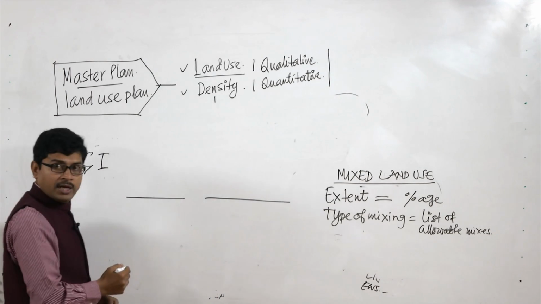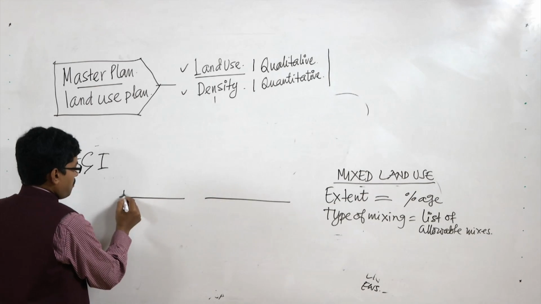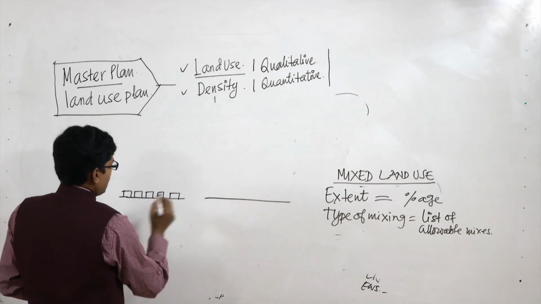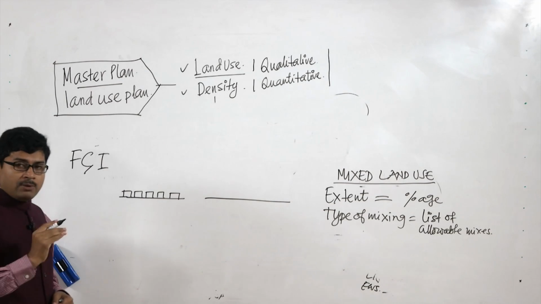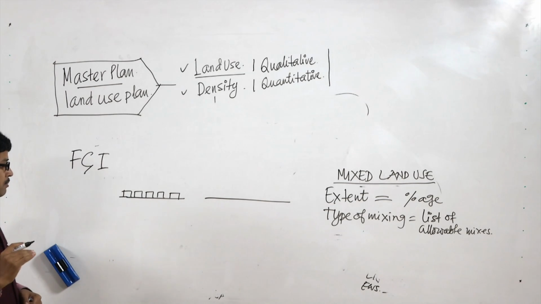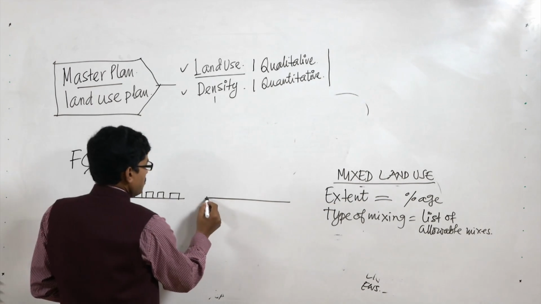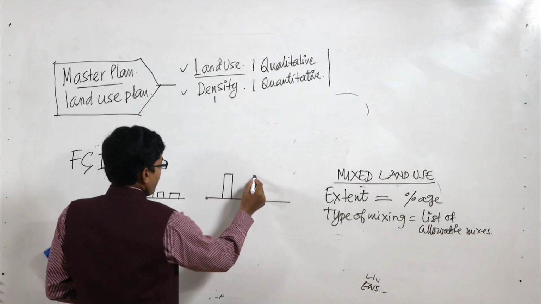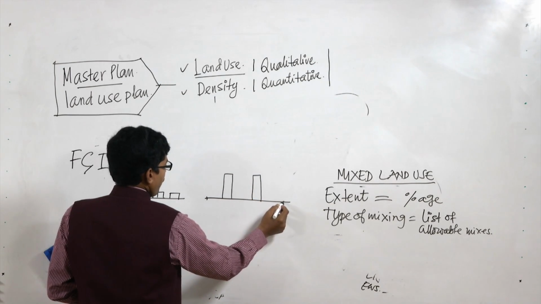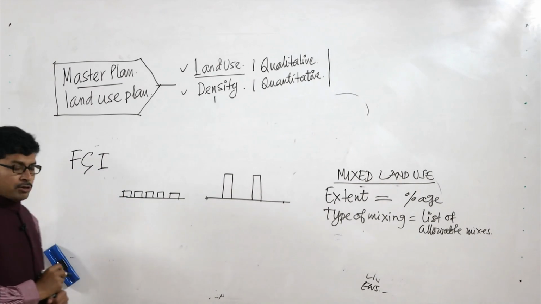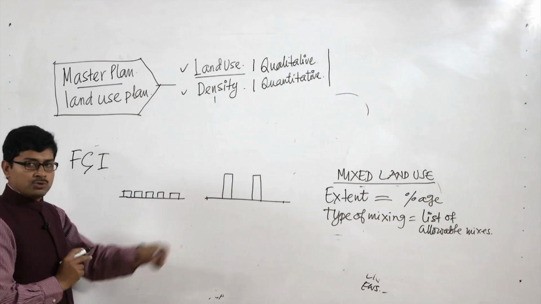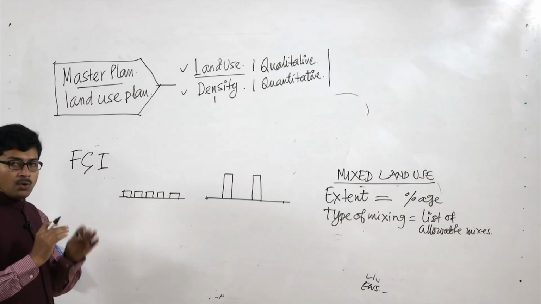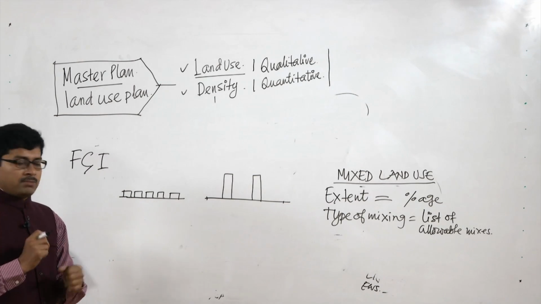The same floor area can be distributed over comparatively low and medium storied buildings, or it can be distributed over high rise. So we can go for high rise and make two tall towers or fewer tall towers, or we can go for low and medium rise compact development.